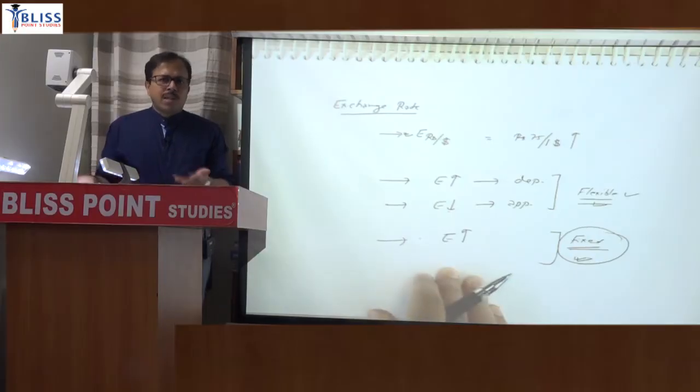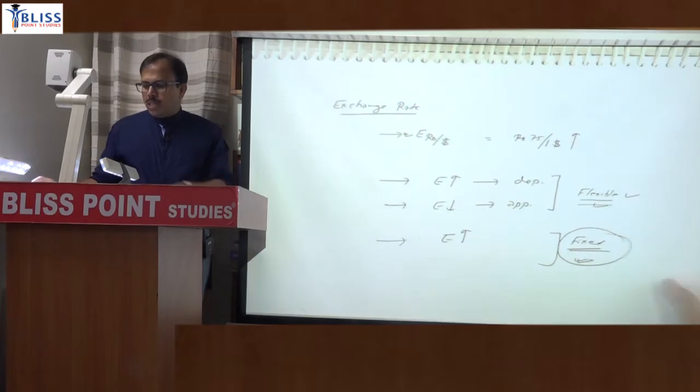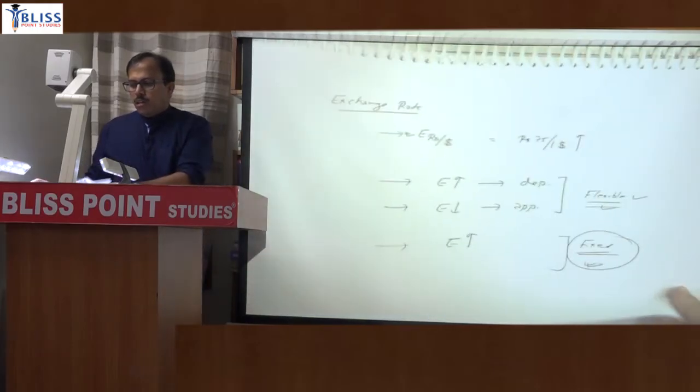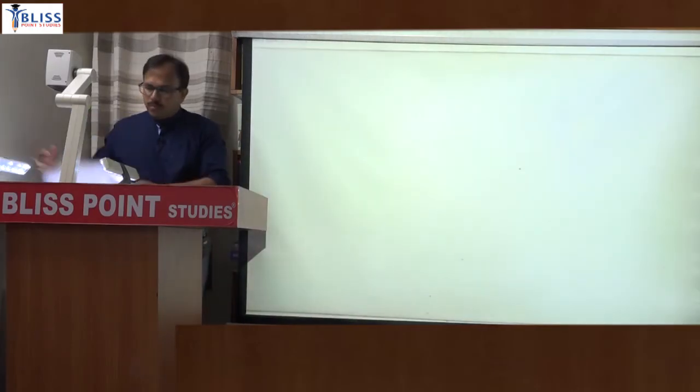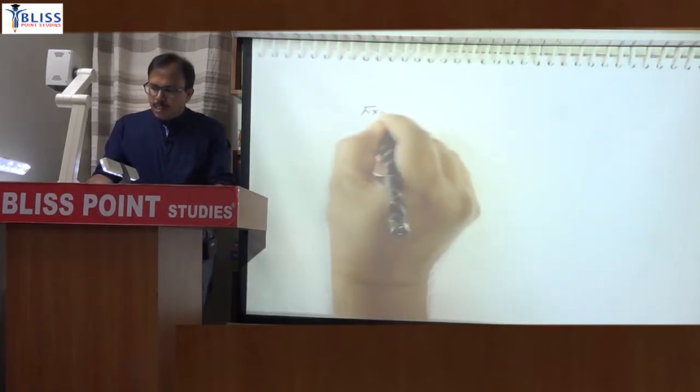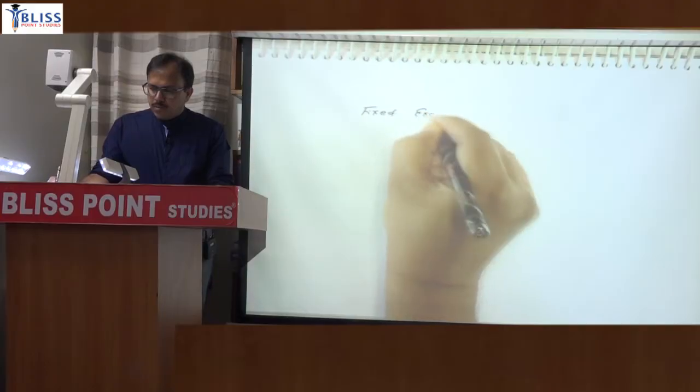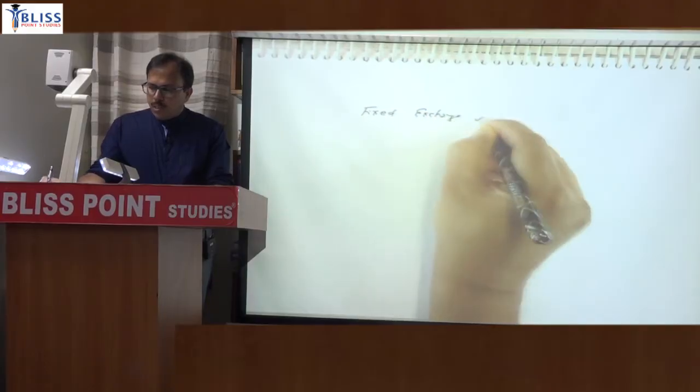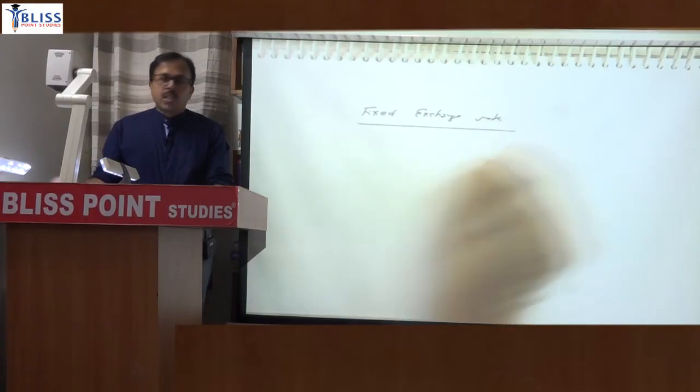So flexible is market forces, but you have to basically understand how fixed exchange rate works. If I say that exchange rate is fixed, that means the central bank is keeping it fixed. So it is the obligation of the central bank to maintain the exchange rate constant.